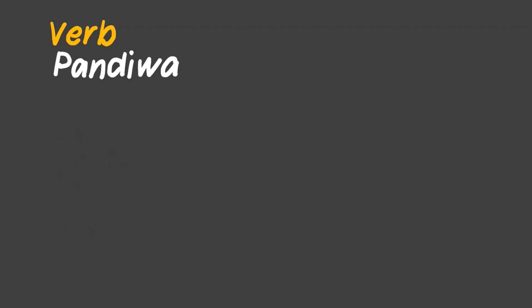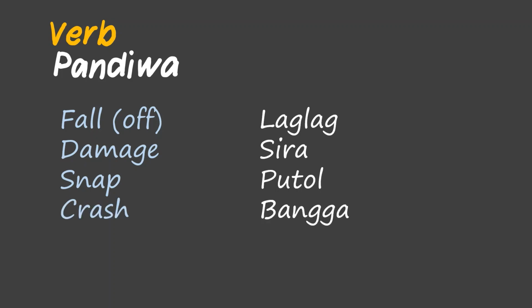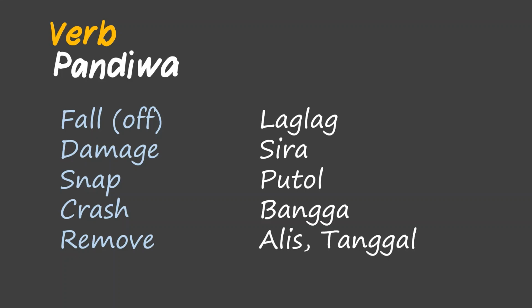And here are some new root words to make action words for unintentional actions. Fall or fall off, laglag. Damage, sira. Snap, putol. Crash, bangga. Remove, alis, or tanggal.